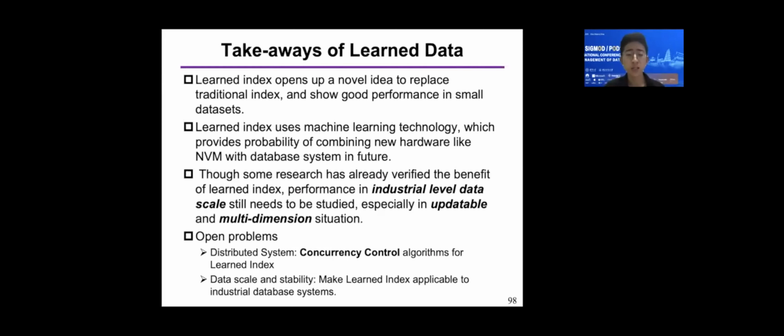Though some research has already verified the benefit of learned indexes, the performance at industrial scale still needs to be studied, especially in updatable and multi-dimensional situations. And there are still several open problems, like how to support learned indexes in distributed systems, how to support larger data scales, and how to improve the stability of learned indexes.